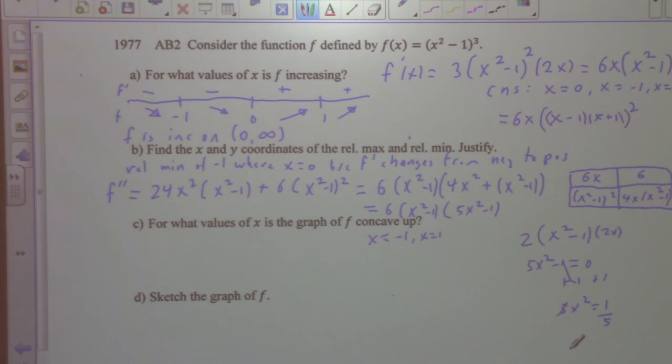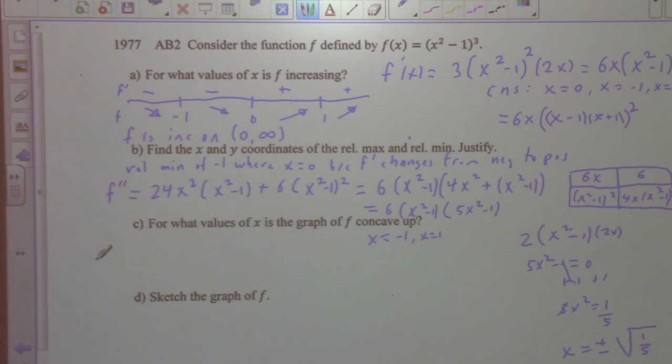So x is going to be equal to what? Plus or minus square root of 1/5. Or you can say 1 over square root of 5. Does that make sense?